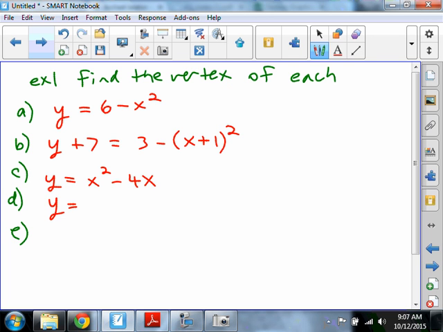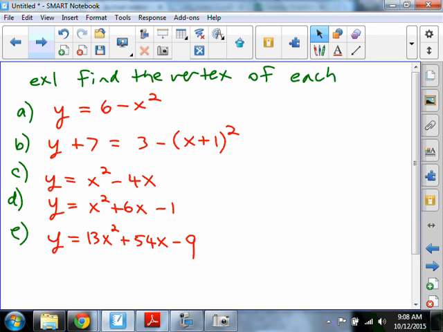D: y equals x squared plus 6x minus 1. E: y equals 13x squared plus 54x minus 9.